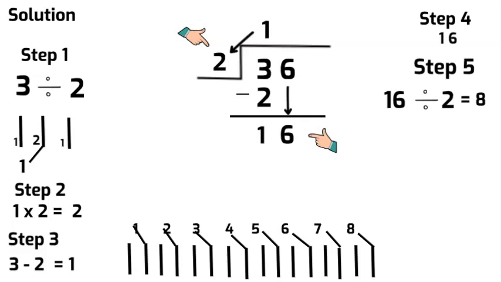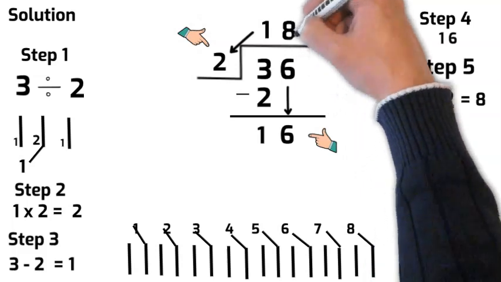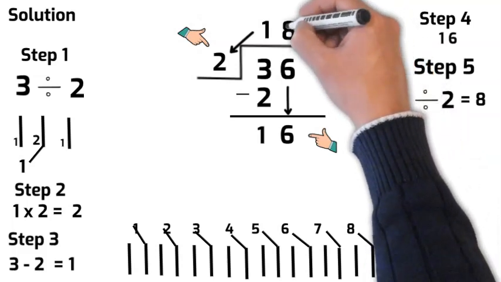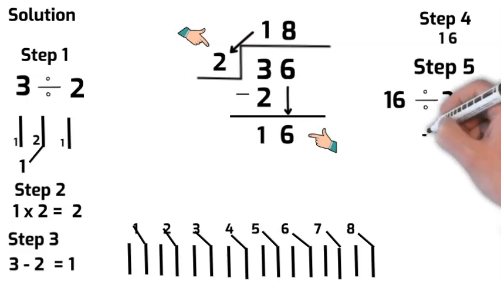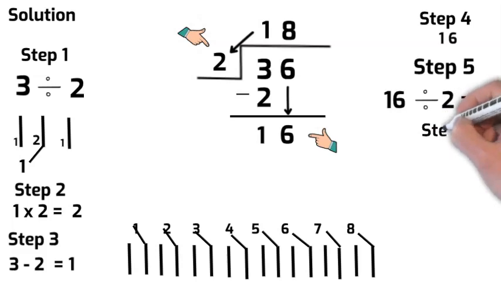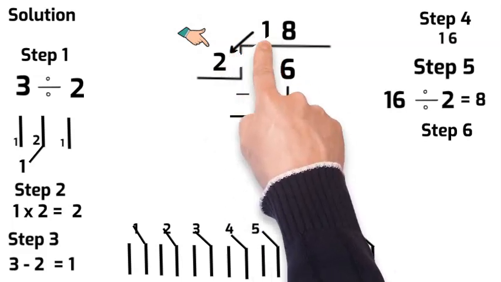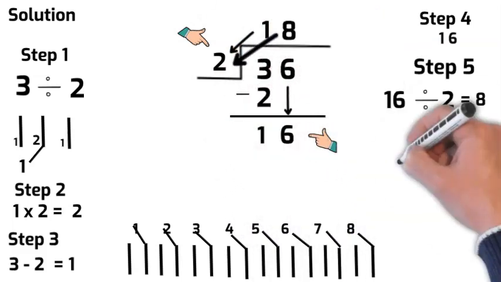We move to the second digit of the dividend and write down 8. We move to step 6. Step 6 says 8 times 2.